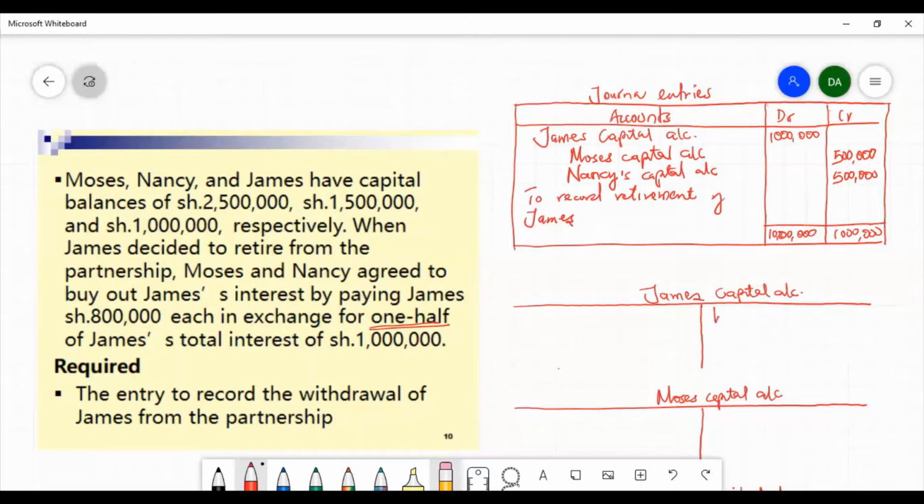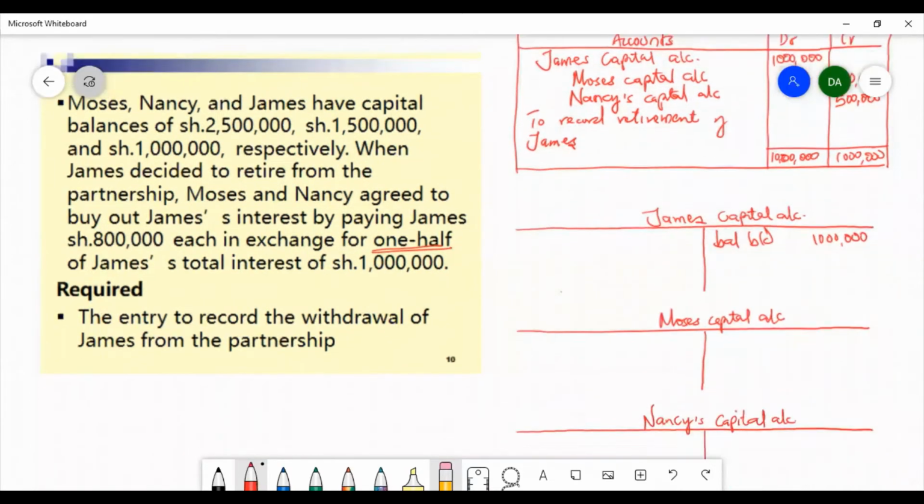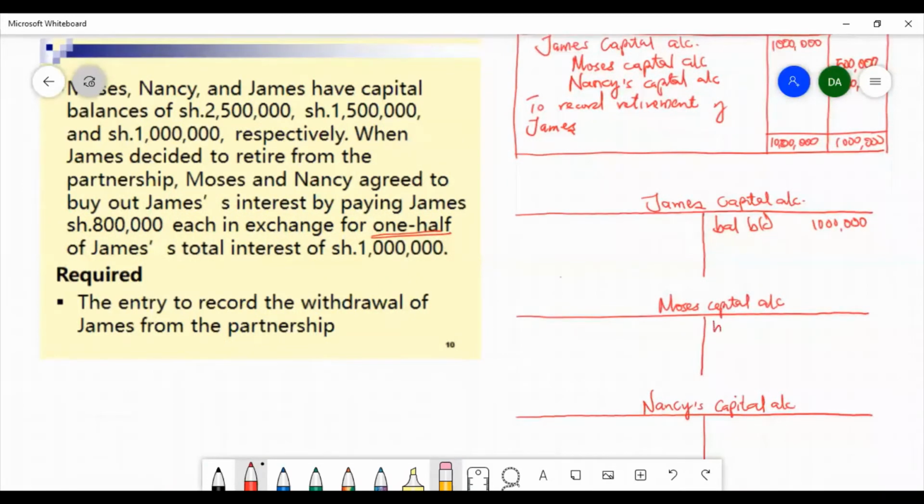The balance brought down in the account of James was 1 million. That is the balance of capital. The balance brought down in the account of Moses, 2.5 million. The balance brought down in the account of Nancy is 1.5 million.